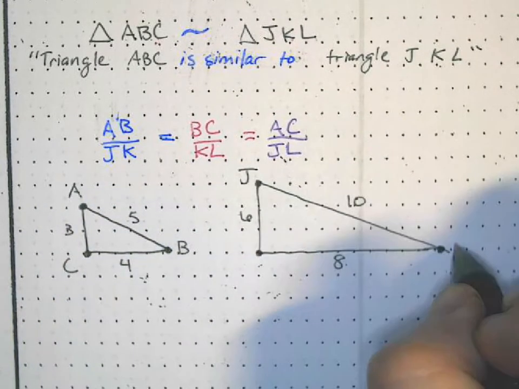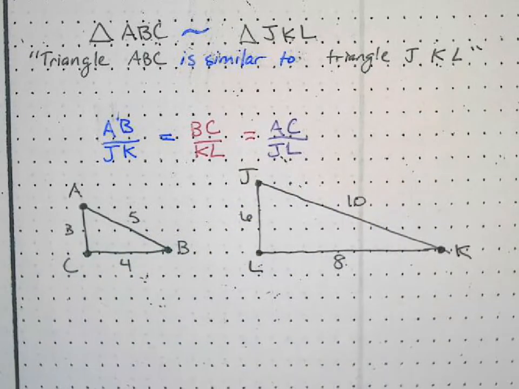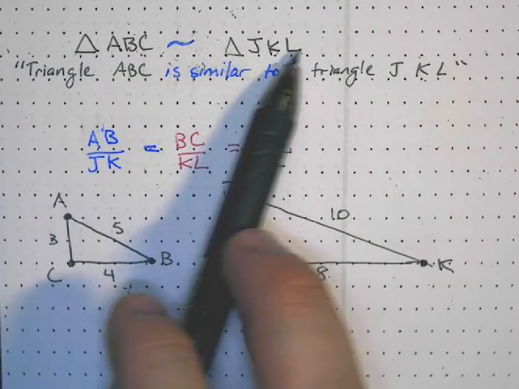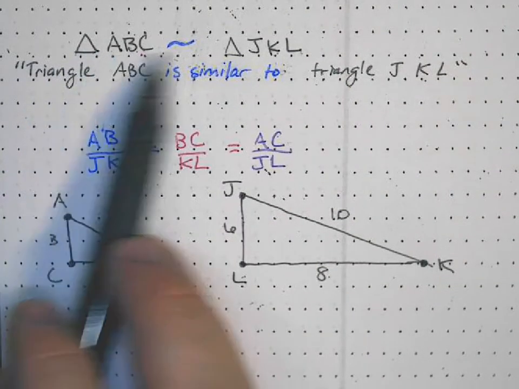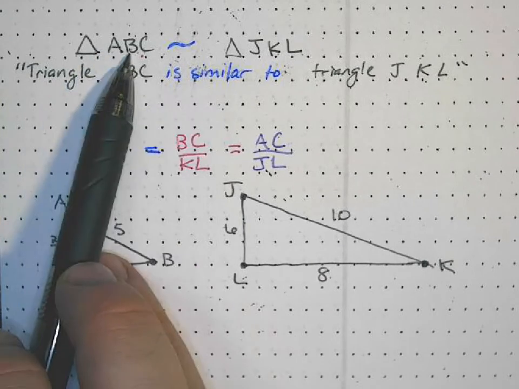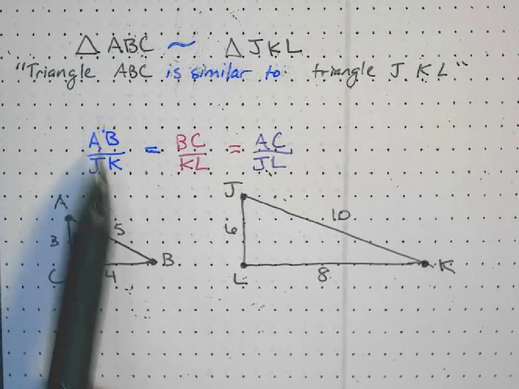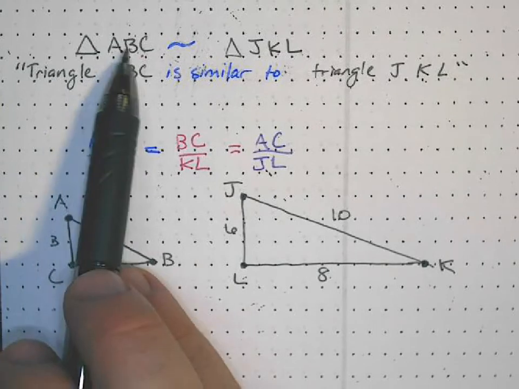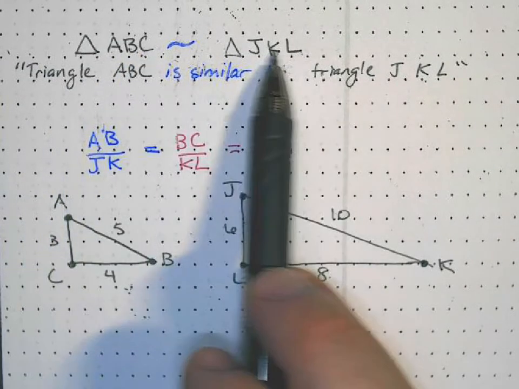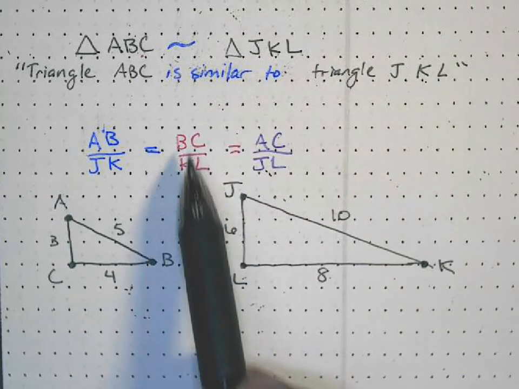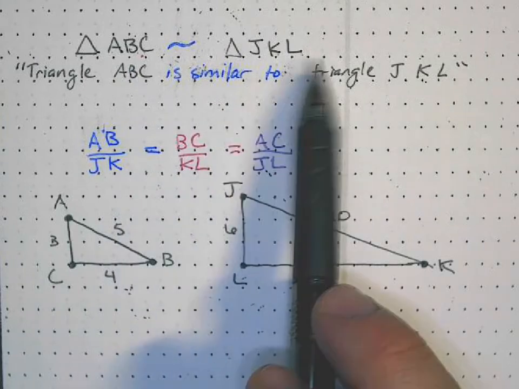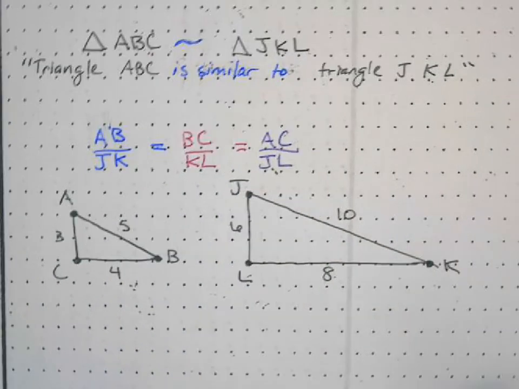So we'll call this one JKL. Now remember, we use the order in our statement from above, triangle ABC is similar to triangle JKL, to do our matching. AB matches up with JK. They're the first two letters. BC, the last two letters, match up with KL, the last two letters. And then AC, the first and last, matches up with JL, the first and last, like so.